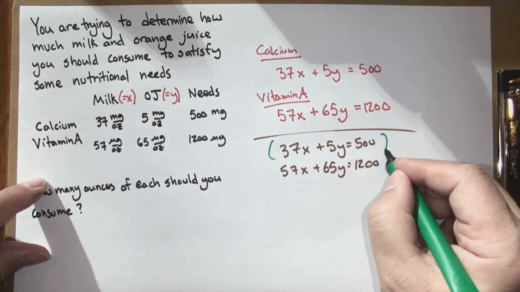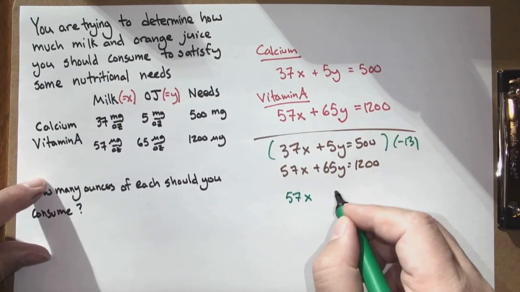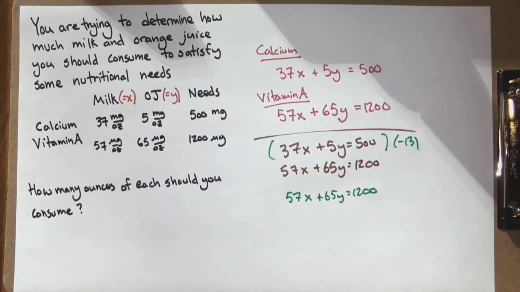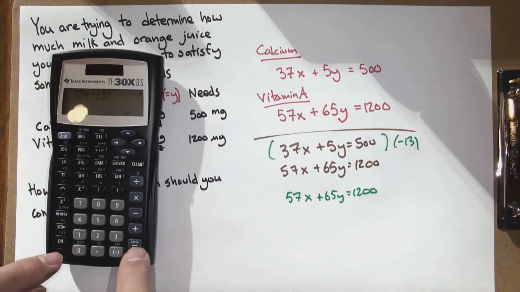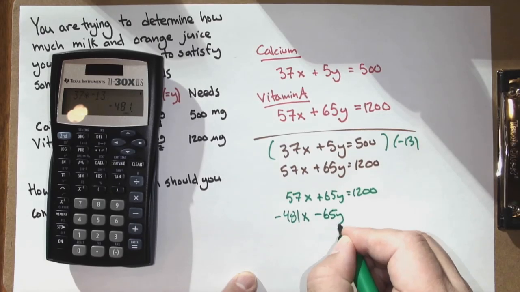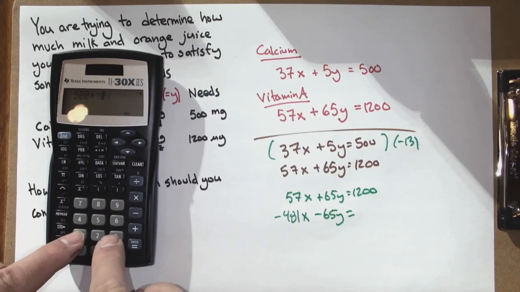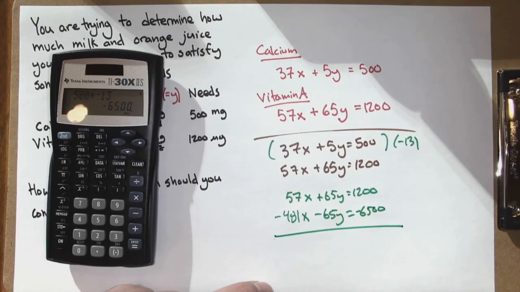So 5 times 13 is 65. So if you multiply this first equation by negative 13, and leave the second equation alone, you get 57x plus 65y equals 1,200. That's from your second equation. And then we use our calculator technology. Take 37 times negative 13. We get minus 481x minus 65y equals, and we take 500 times negative 13, negative 6,500. When we add, the y's cancel.